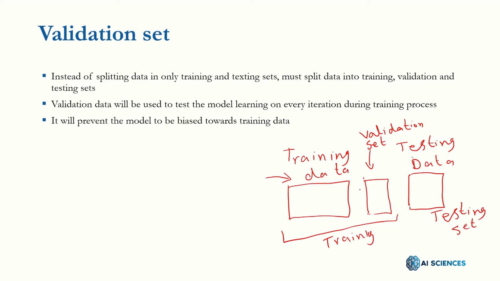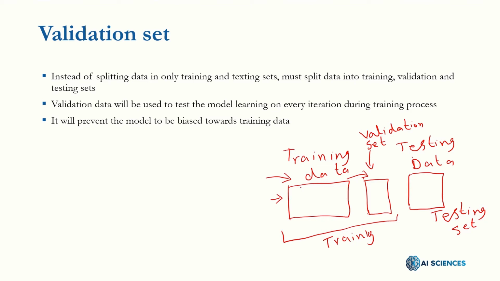So how is it used? Let me briefly explain it. When we train our model on this set, after each iteration of training, we test our model on this set, which is the validation set. And it also helps to learn the hyperparameters of the objective function.